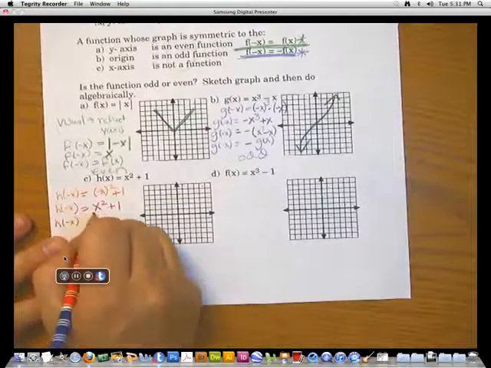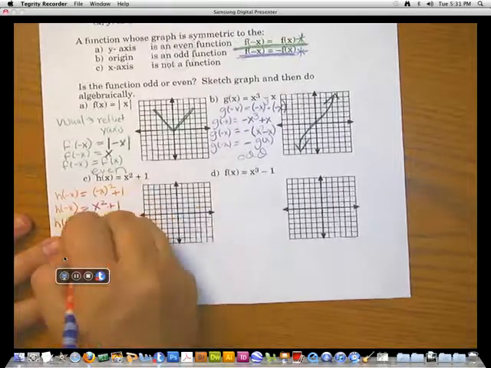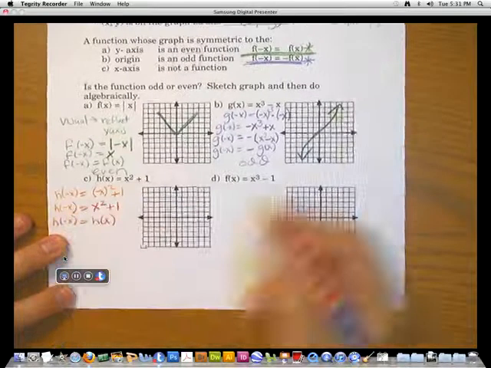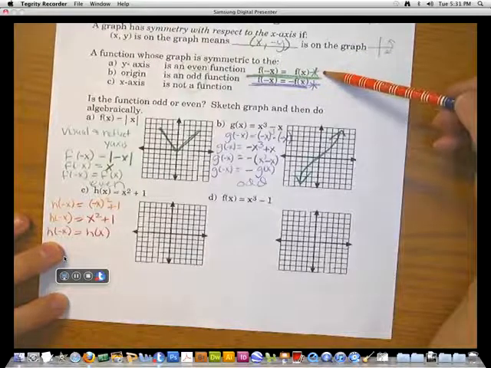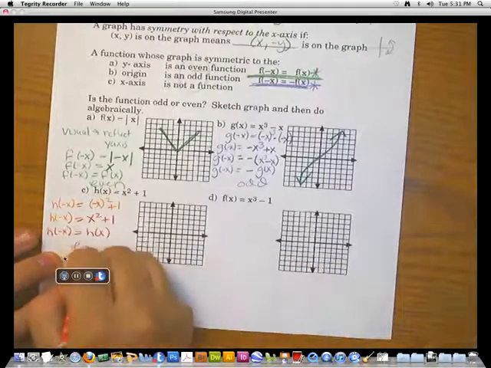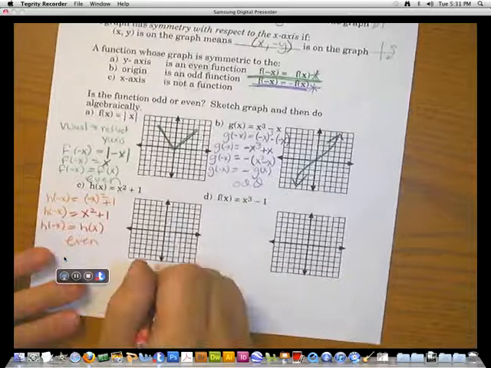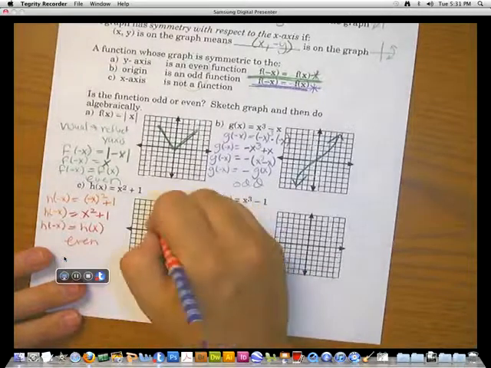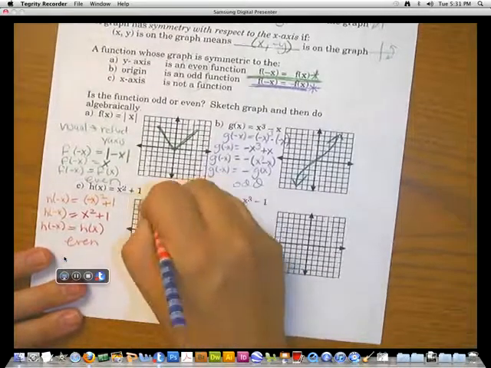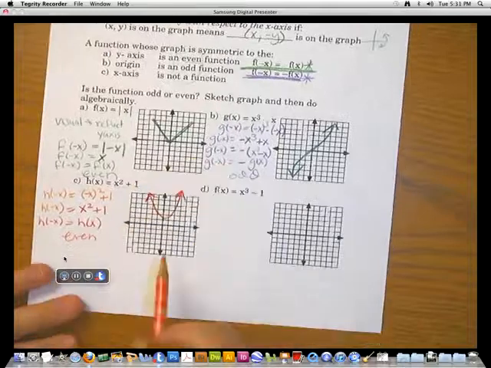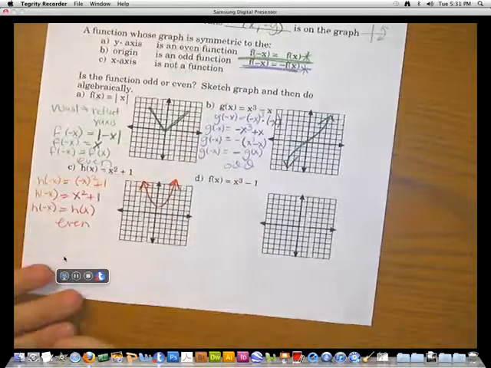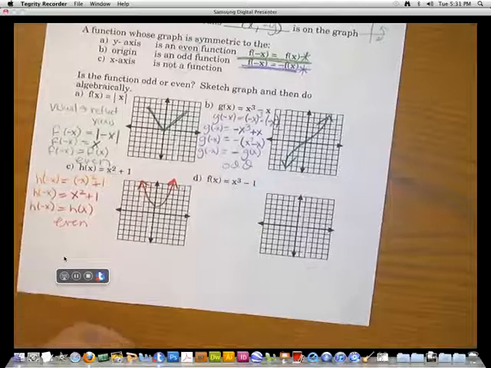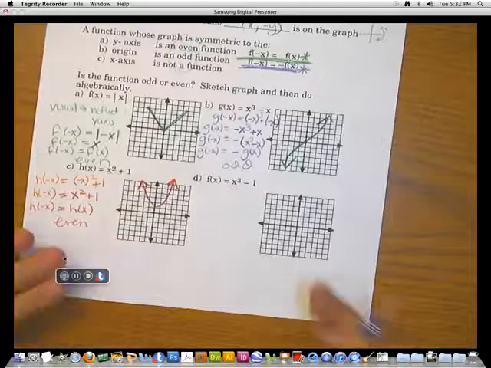H of negative x, well, x squared plus 1 is h of x. So the negative gave me the original. It must be even. When I put this into the calculator, I'm going to get a parabola, something like that. And again, we should see that, yes, it reflects over the y-axis.